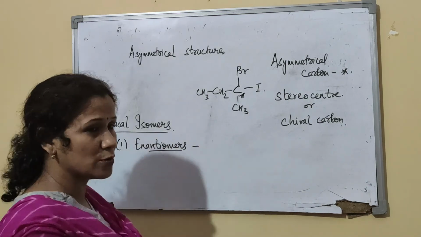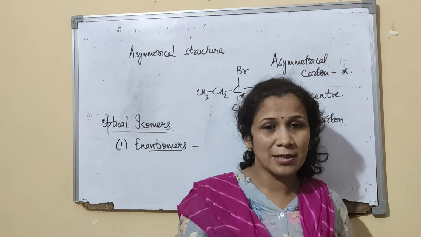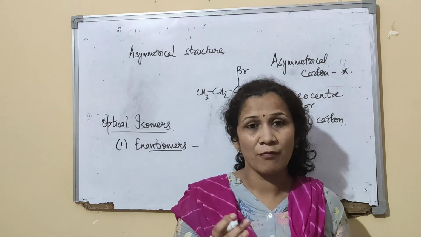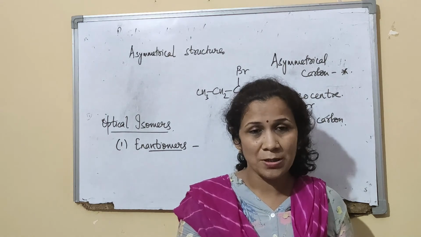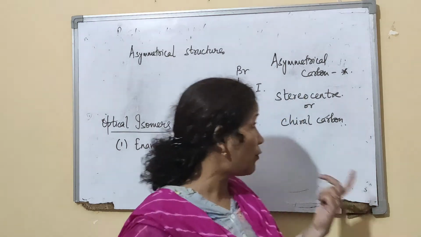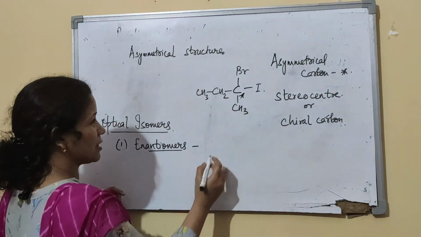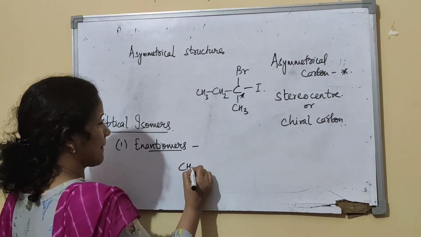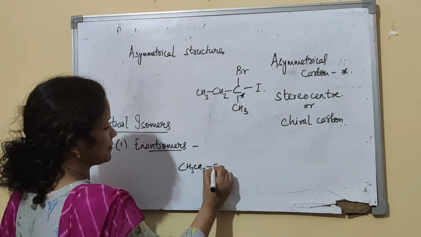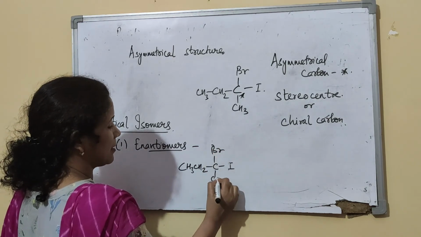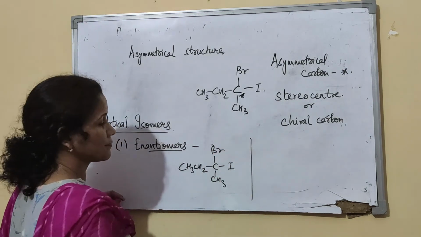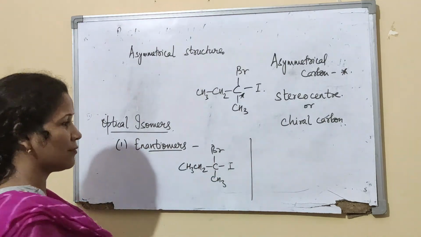Now what are enantiomers? Enantiomers are nothing but mirror images of each other. They are optically active, non-superimposable mirror images. Now what do we mean by this? Say I have written a compound like this. And then you put a mirror. It will get laterally inverted.